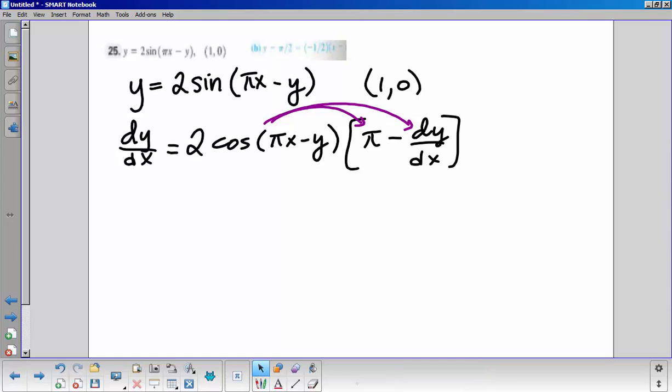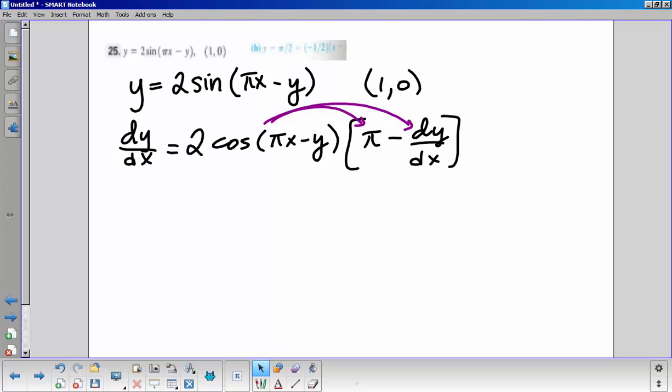Wait, why can't you just divide pi minus dy dx on both sides? Well, I get a 1 here equals all of this over dy dx. Is that going to help us get dy dx by itself? Then we have a fraction with a dy dx in the top and 1 in the bottom, so it's a little bit messier.